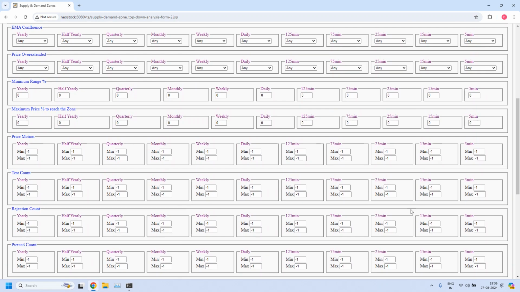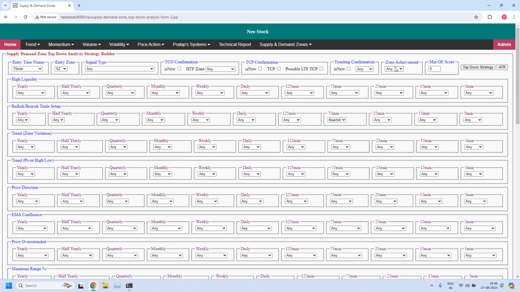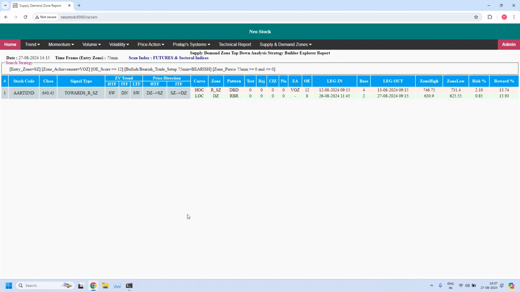That's why in the pierced count, 75 minutes time frame, minimum value 0, maximum value 0, means the zone is not pierced, and zone achievement is a violated opposing zone. Minimum odd enhancer score is 12. All the three filters are applied to the 75 minute supply zone. Now let us filter the stocks. Only one stock is filtered, currently supporting a bearish trade setup for hourly income trade.